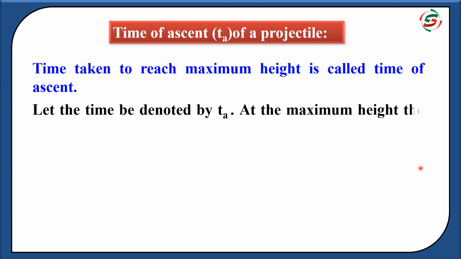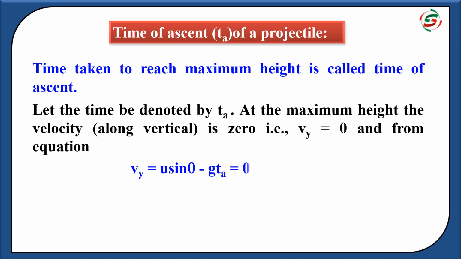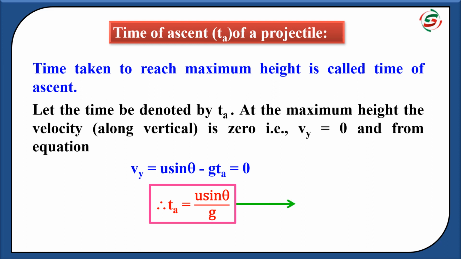At the maximum height, the velocity along vertical is 0, that is Vy is equal to 0, and from the equation Vy is equal to u sin theta minus g TA is equal to 0 because your final velocity is 0. So my time of ascent is equal to u sin theta by g. We have taken it as equation A.